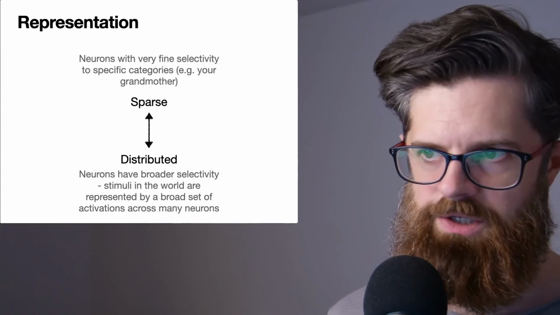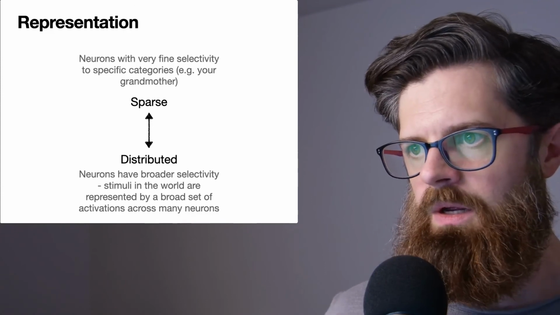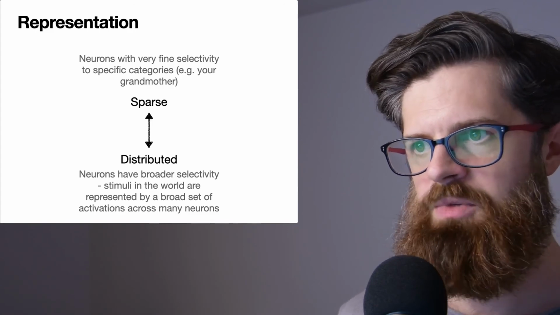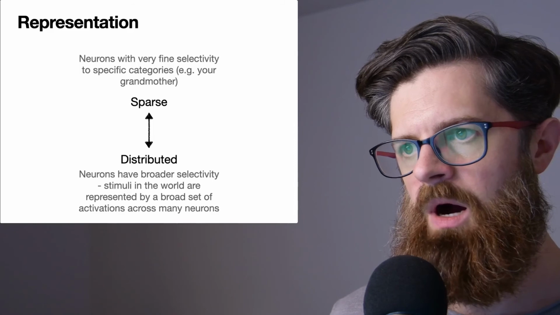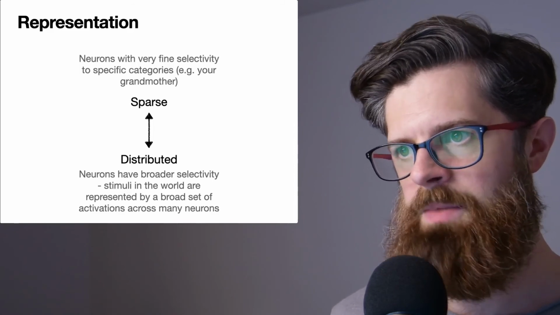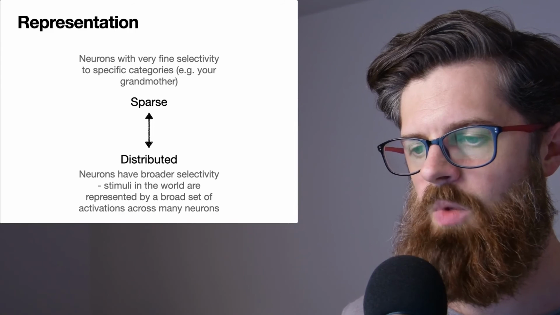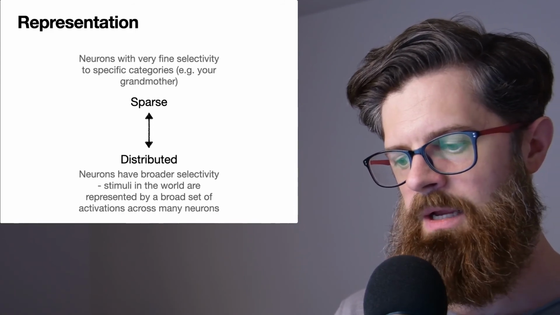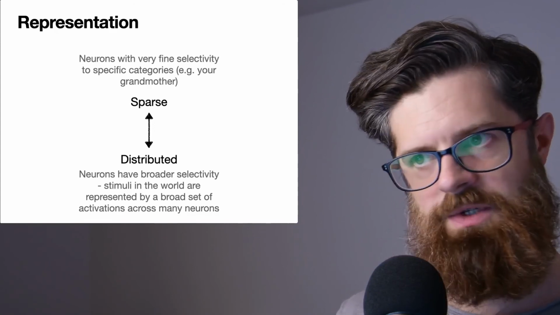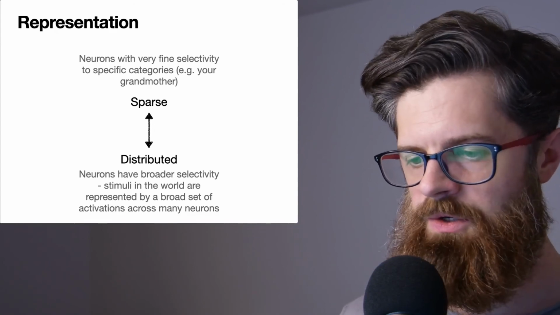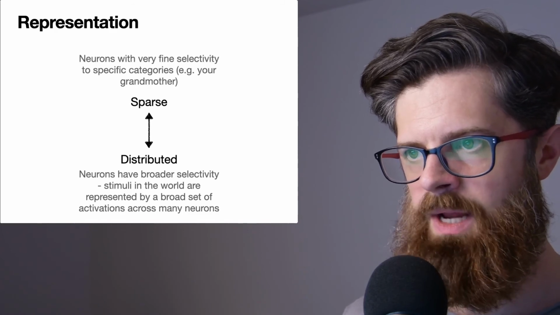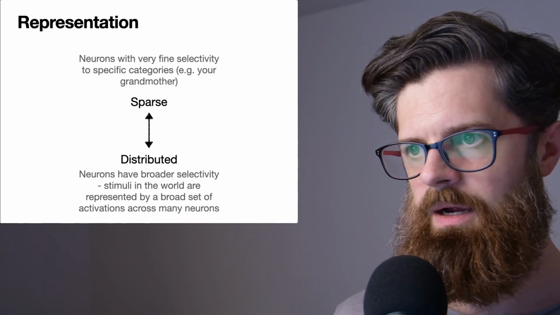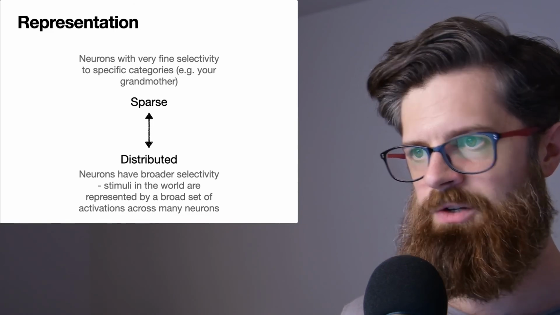As an example, just to flesh this out a bit, there are many different ways in which a distributed representation could be constructed, but one typical way people might think of it is that when you look at your grandmother, what your visual system might be doing is to separate the complicated image received on your retina into a wide number of attributes.